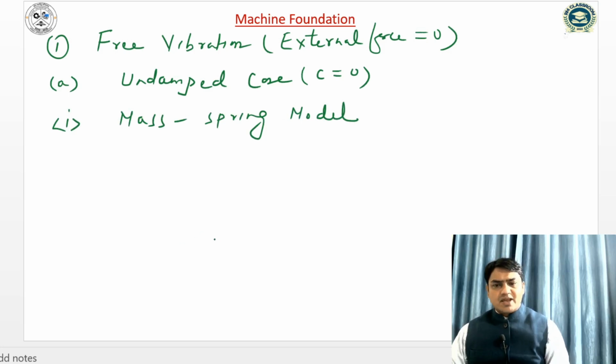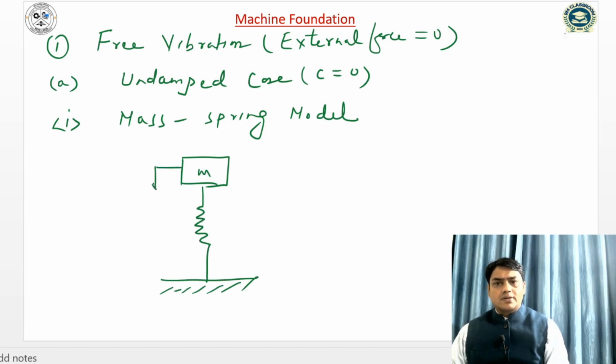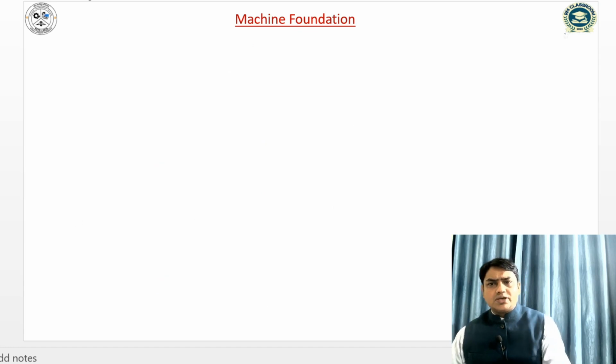So if I make the mass spring model, let us assume this is the mass and this is the spring. It's the displacement Z. So here a few symbols I am going to write.